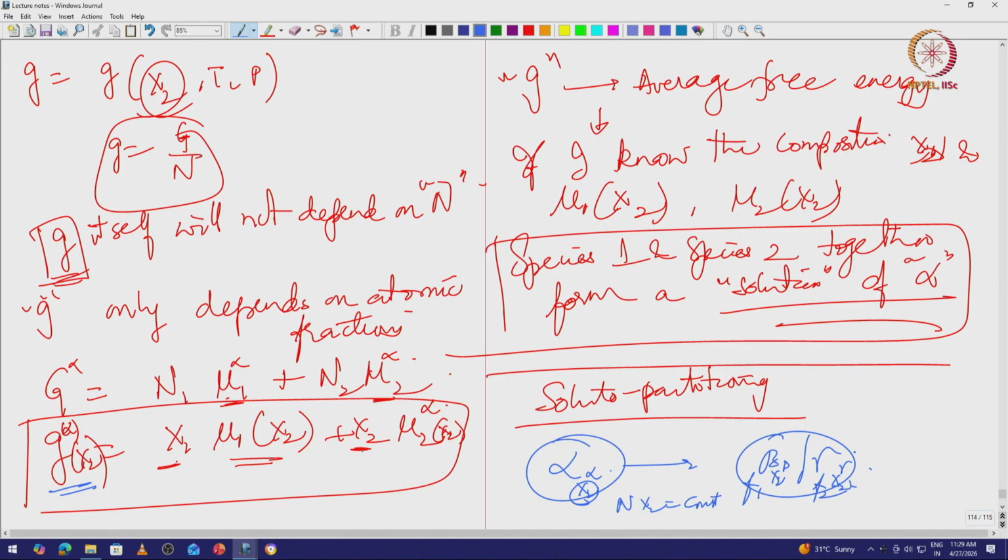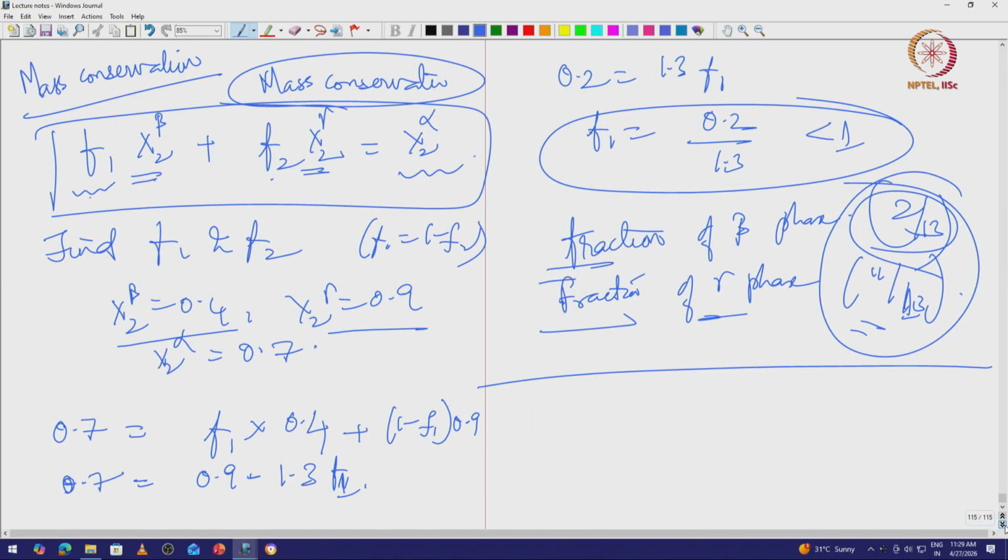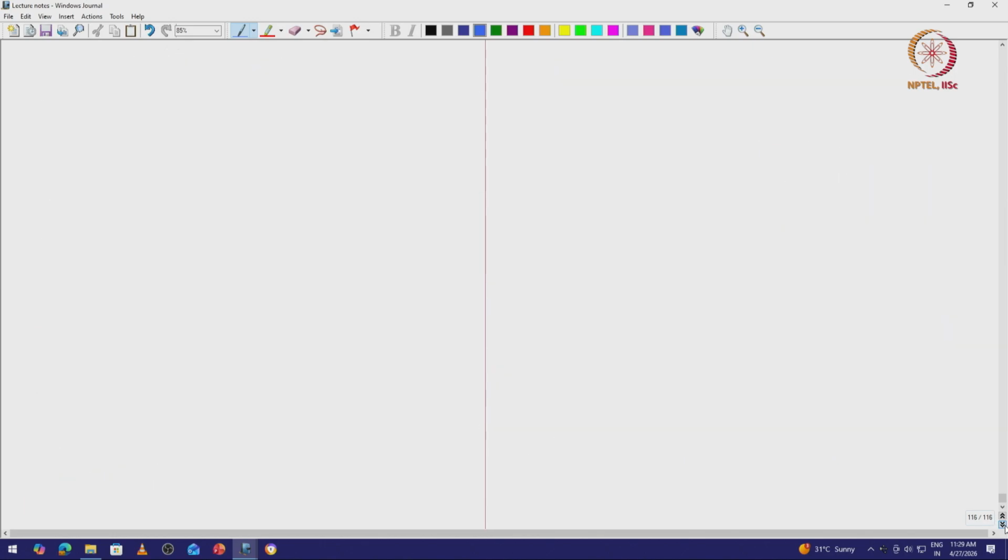Okay. Now, let us plot this g again after this slight digression. So, let us go back and plot g again. I have written g is equal to mu1 times x1 plus mu2 times x2.